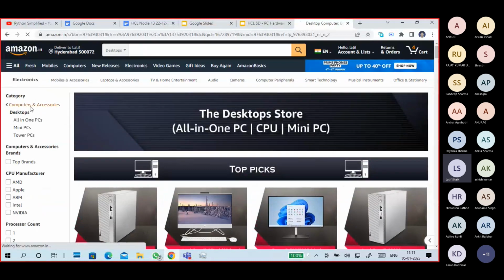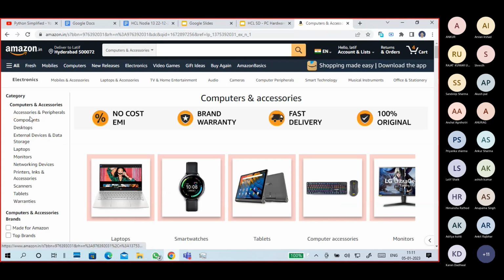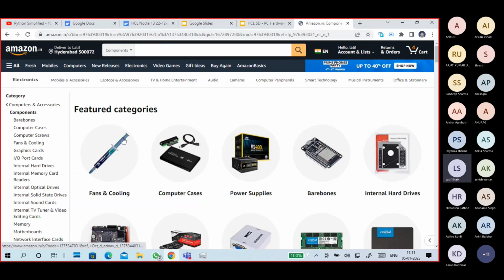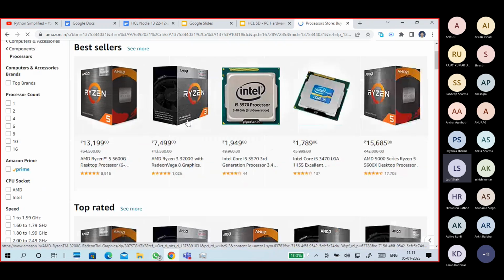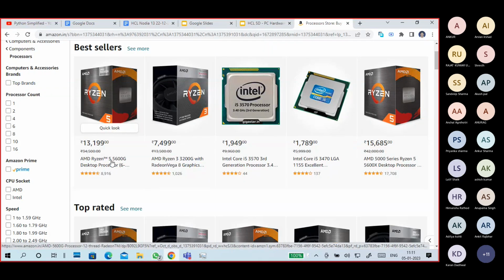I selected desktops. It is showing the main desktop list. I'm going to components. Components is very vast. So processors. See, it is showing processors: Intel i5 third generation 3570 processor, Ryzen 5, Ryzen 3, i5.